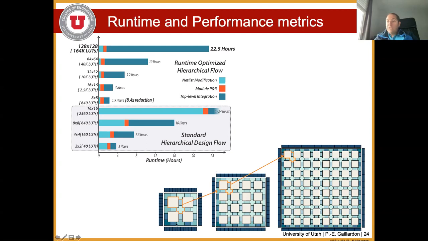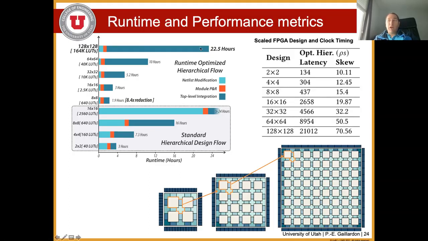runtime-wise. With our approach of pre-planning of clock trees and so on and so forth, we're able to significantly cut down this runtime and go with more than 100K LUTs in less than 24 hours, guaranteeing nice skew and nice latency across the complete fabric.